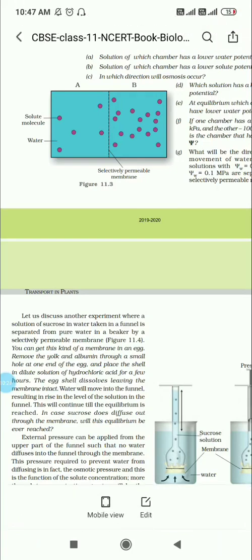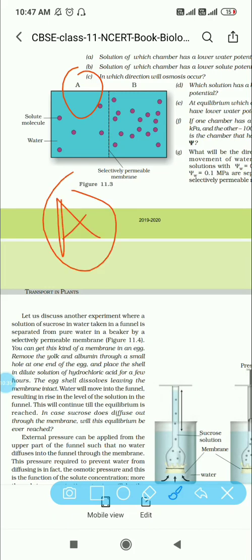In this diagram, A has less solute, so more solute can be added there, so the answer is A. It has more potential to accommodate more solute. B already has more solute, so you cannot add more, so the solute potential of B will be less than that of A. So A has higher solute potential.